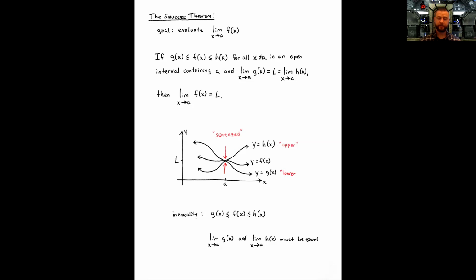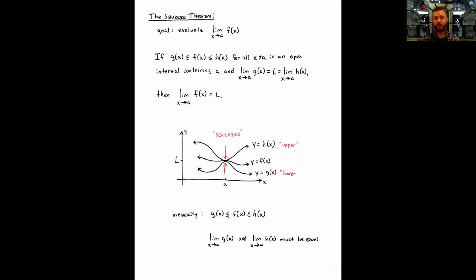Graphically, we would interpret that inequality as f of x is in the middle, h of x is an upper function, g of x is a lower function. And that's valid for at least all values of x in an interval around a, which is what x is approaching.